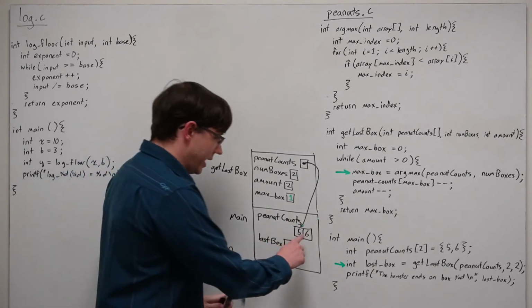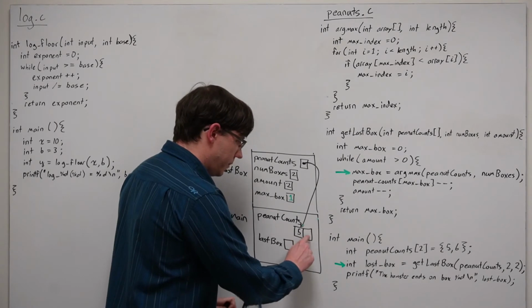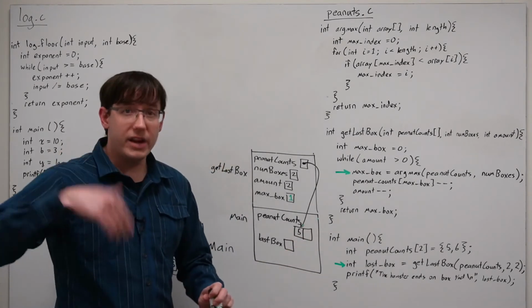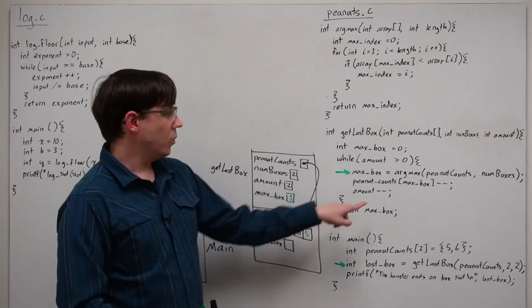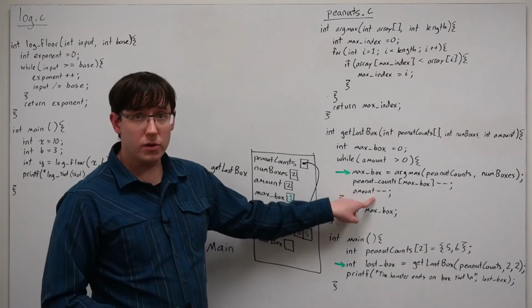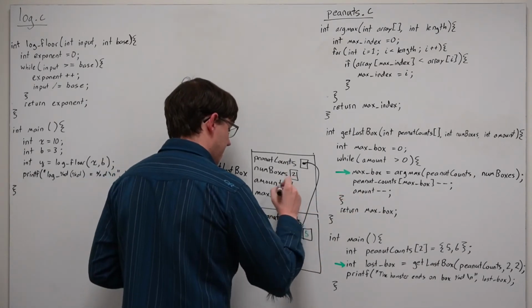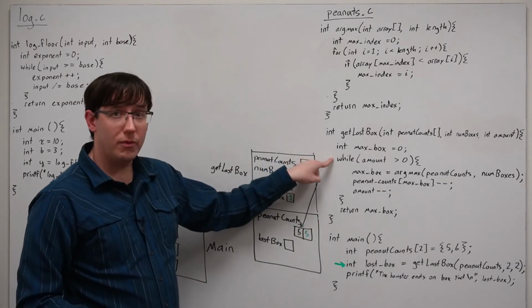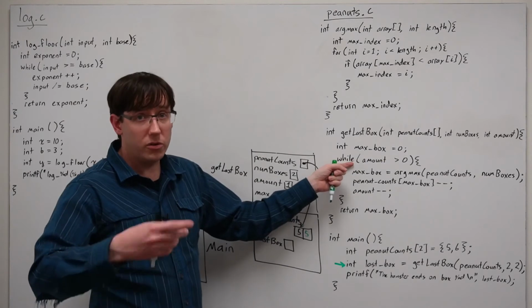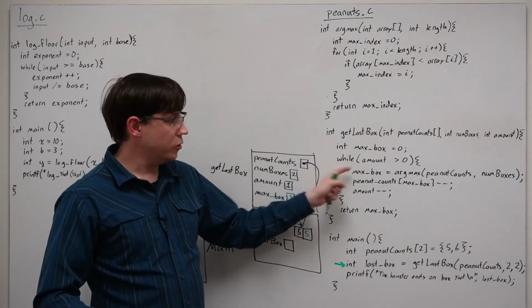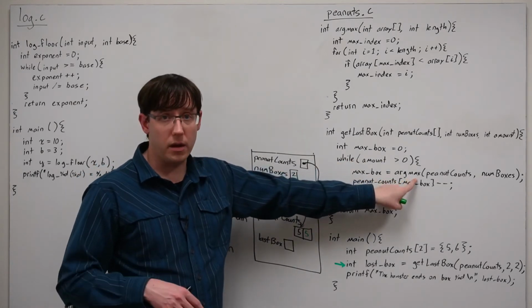So we now update element 1 of that array, decrementing its value from 6 to 5. We also decrement amount, and then we return to the top of the while loop, check the condition. Amount is still bigger than 0, so we go back into the loop and call argmax again.